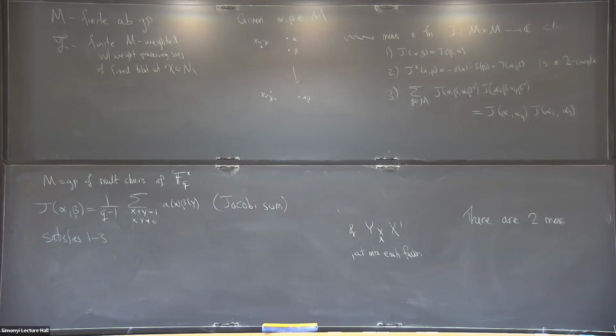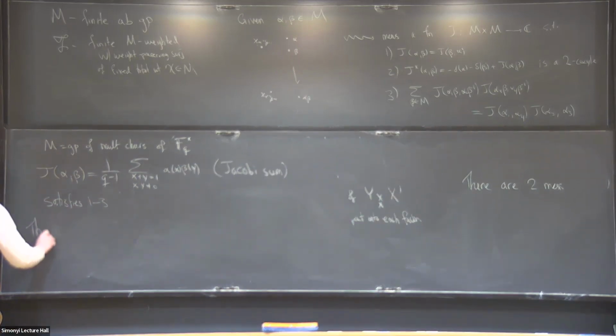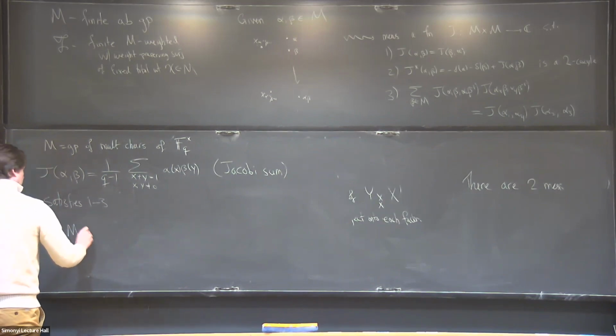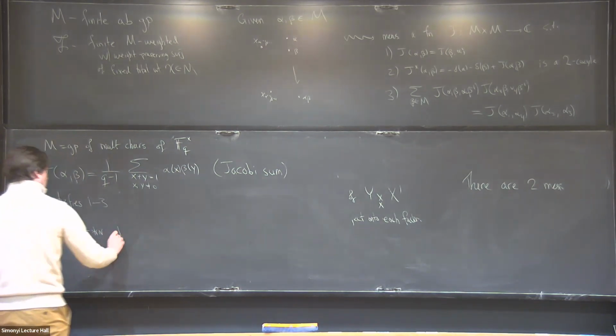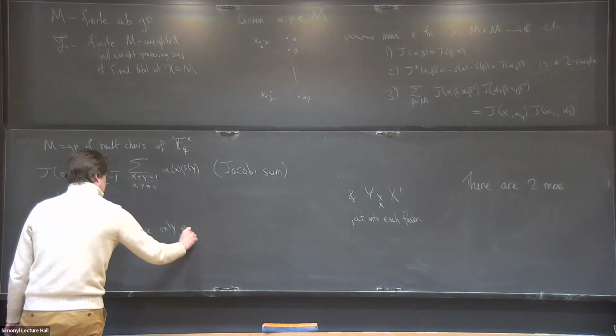And the theorem is that these are the only ones, as long as M is non-trivial. So M is not trivial. These are the only examples.